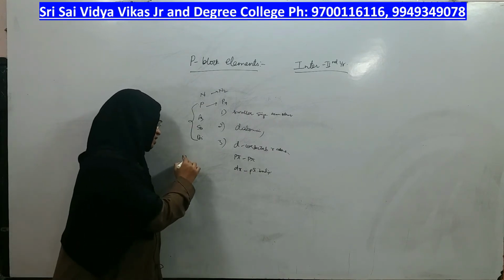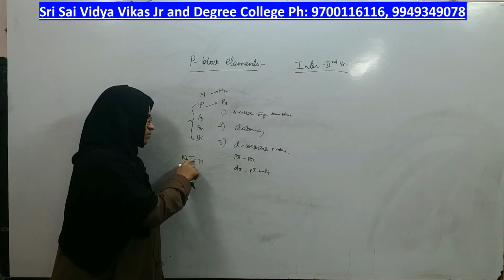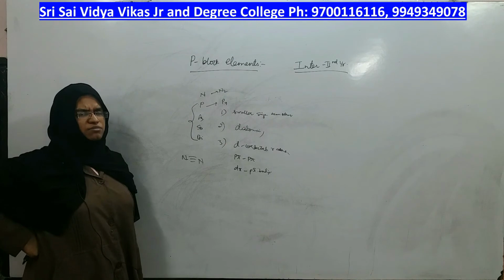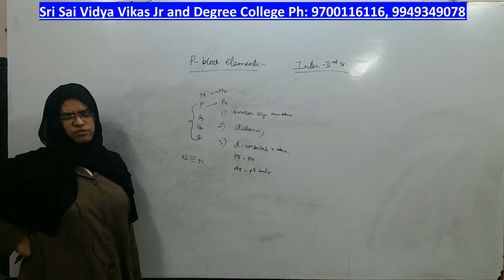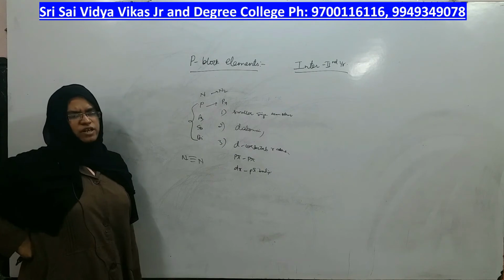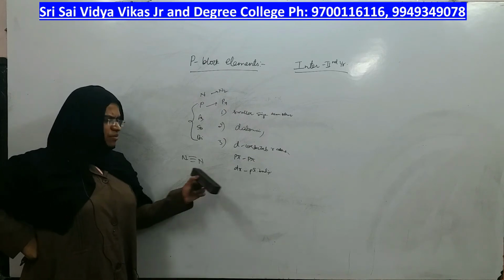If you take the nitrogen molecule itself, 3 bonds are there. The first bond is a sigma bond, next is a pi bond, another is a pi bond, using p orbitals. That means bonding between nitrogen atoms in a molecule is always p pi p pi bonding, whereas bonding between other elements is not p pi p pi, it is d pi p pi bonding, right?